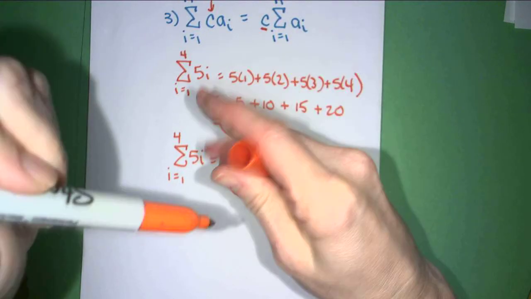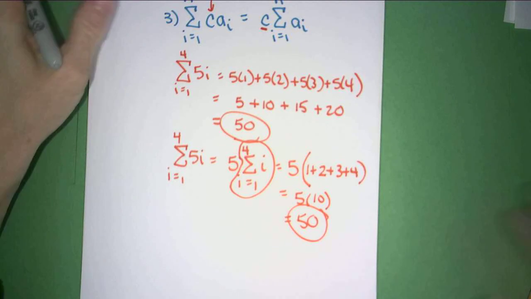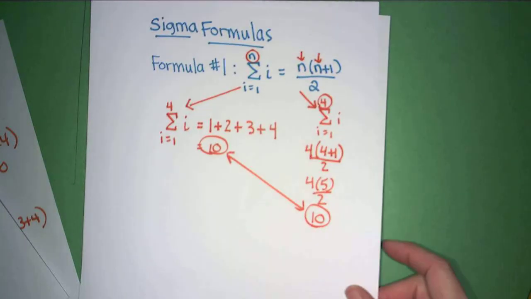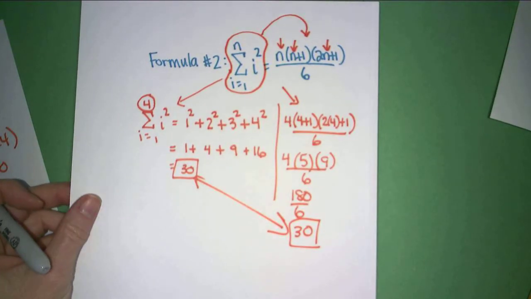So if you could memorize these basically 6 sigma formulas, let's just go back over them one last time. Formula number 1 in blue. Don't worry about the orange, just memorize the blue. Formula number 2, memorize the blue.